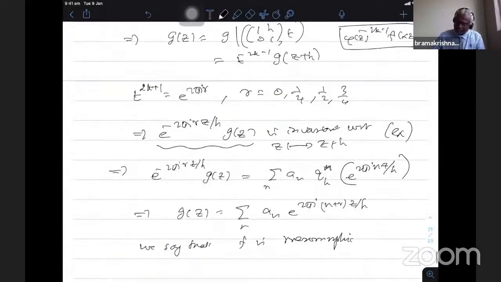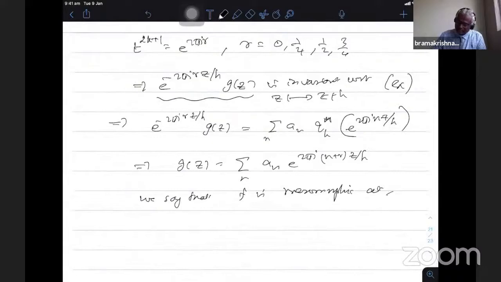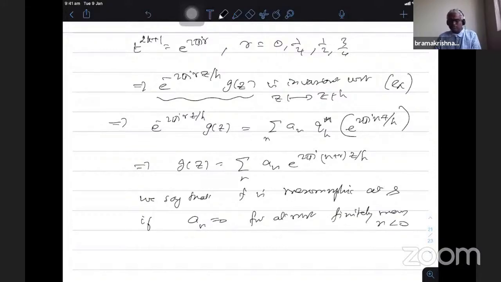So f is called meromorphic at s if a_n equal to 0 for at most finitely many negative n. Therefore this expansion should not have infinitely many negative n with non-zero a_n. It should contain only finitely many negative parts in that expansion. Then we say it is meromorphic.